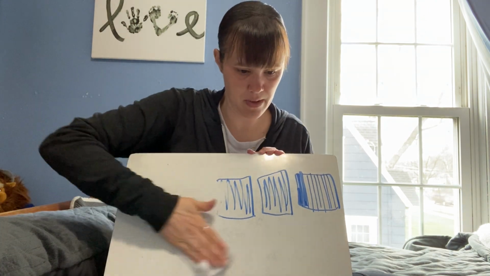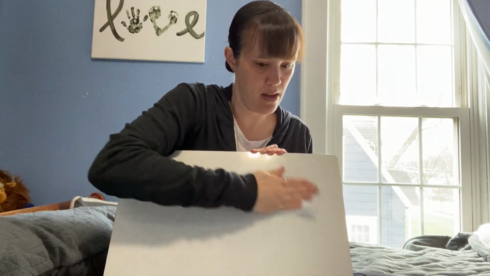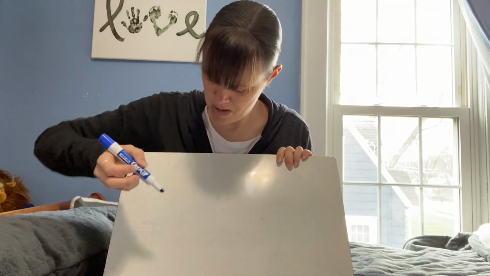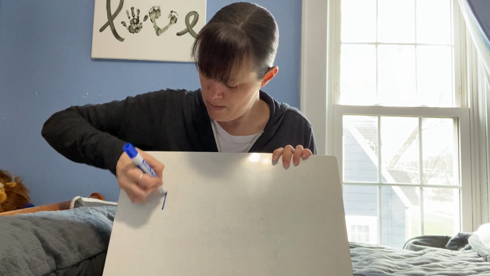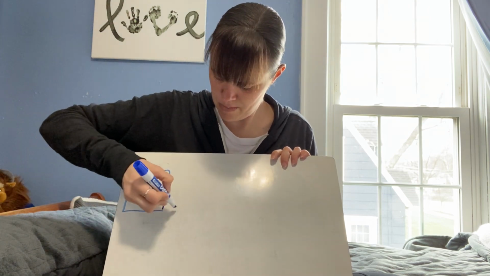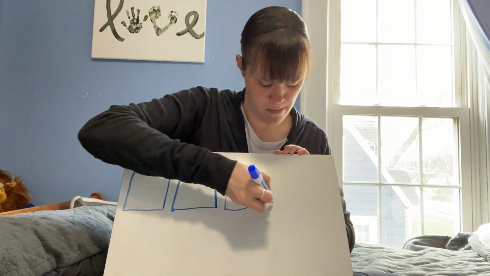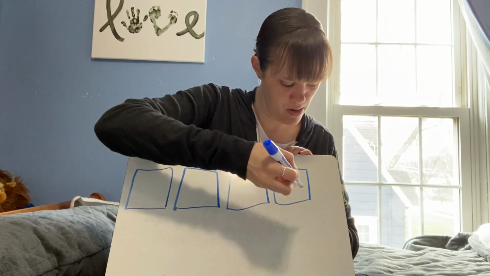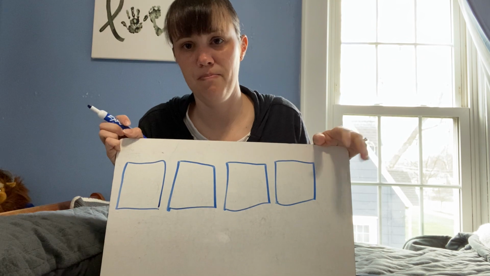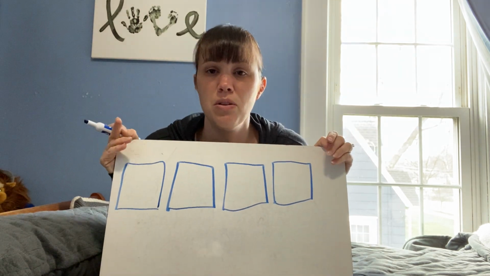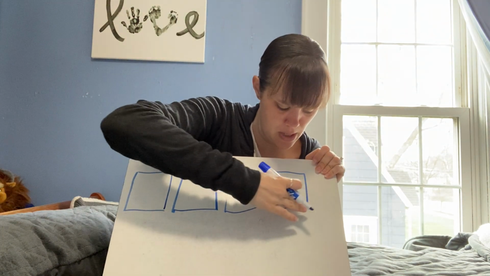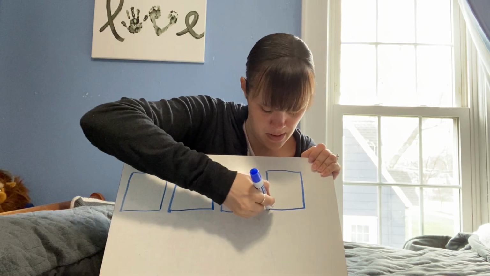Okay. C, we have 3 and 4/10. 1, 2, 3, 4. I don't need to draw a 5th one. You know why? Because I know that 3 and 4/10 means that I'm going to have 4 of these.